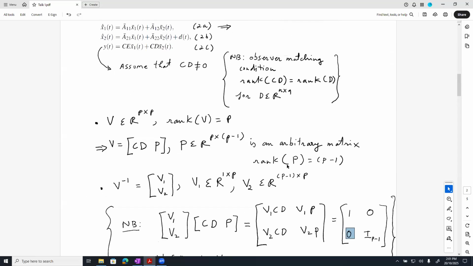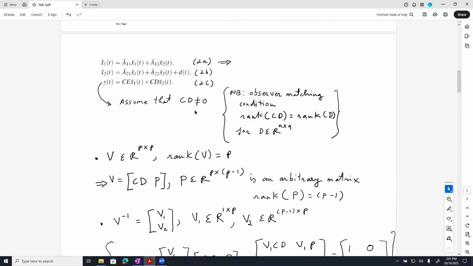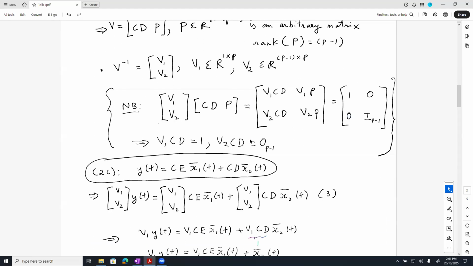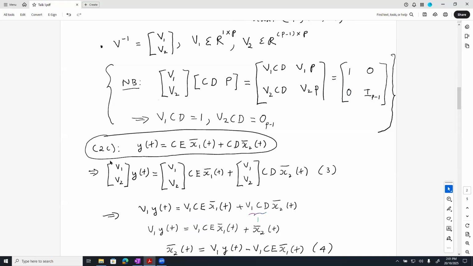So Hou and Muller make the assumption that if the observer matching condition is satisfied, in this particular situation, we have the matrix CD, which is a column matrix, and it should be non-zero. And by pre-multiplying both sides of equation 2a by V inverse, we see V1, V2.